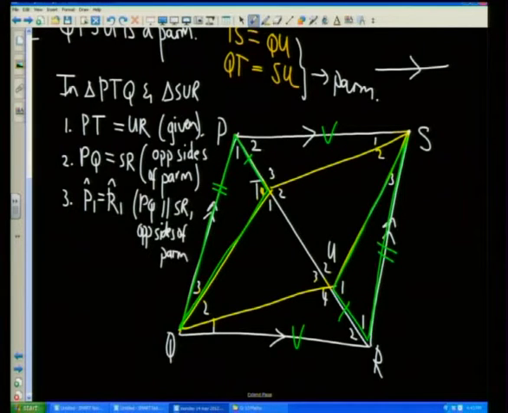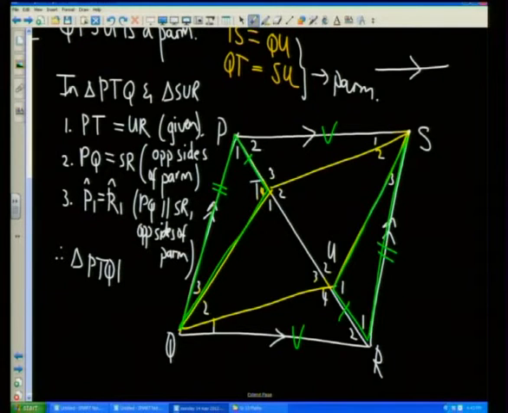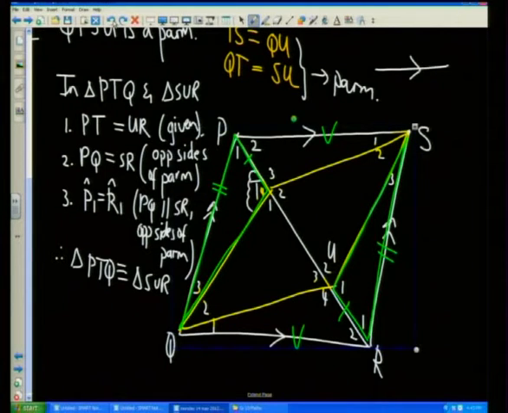Okay. So we now have that triangle PTQ is congruent to triangle SUR. And as a result of the congruency, this angle here, T4, is the same as angle U1.